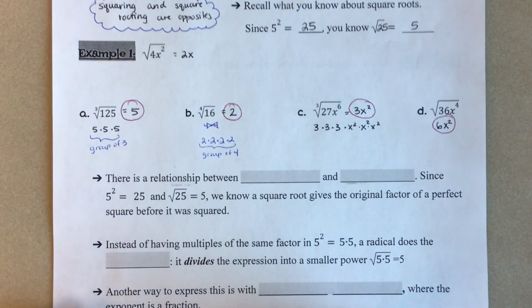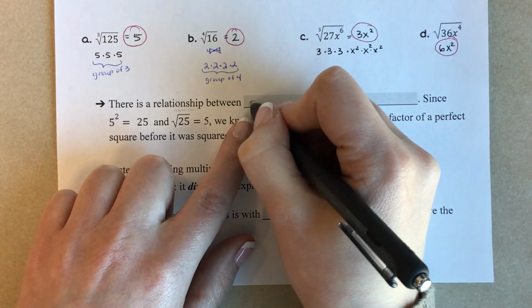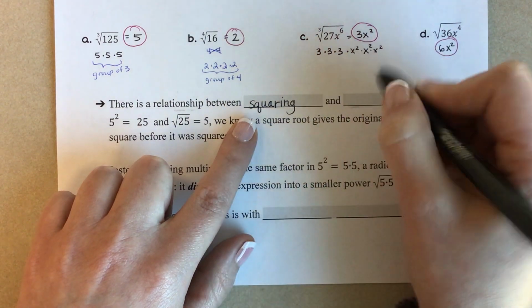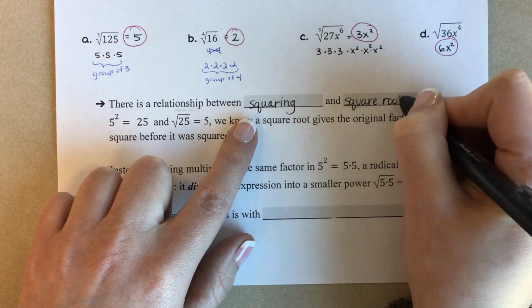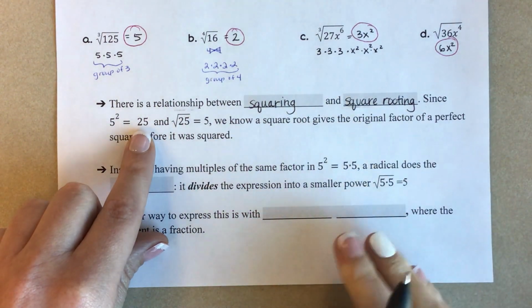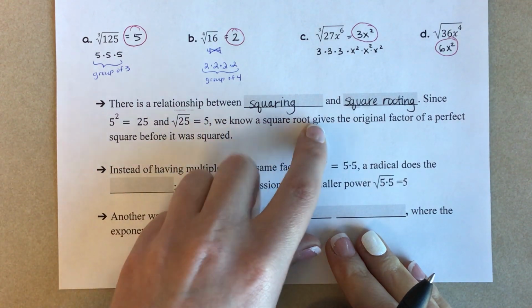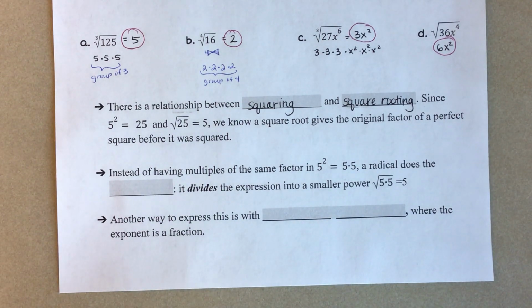So here are my solutions to all of those first ones. Now we have some more vocabulary. There is a relationship between squaring and square rooting. Since 5 squared is equal to 25 and the square root of 25 is equal to 5, we know a square root gives the original factor of a perfect square before it was squared.